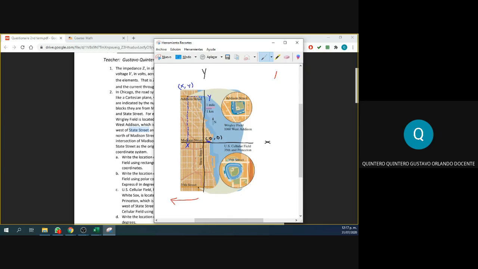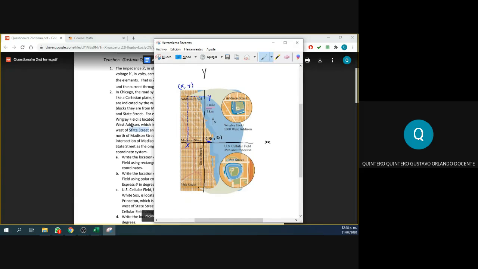This is north and south and east and west, right? Do you guys know this or not? This is an N. Northwest, southeast, so west is in this direction. Let me erase this.